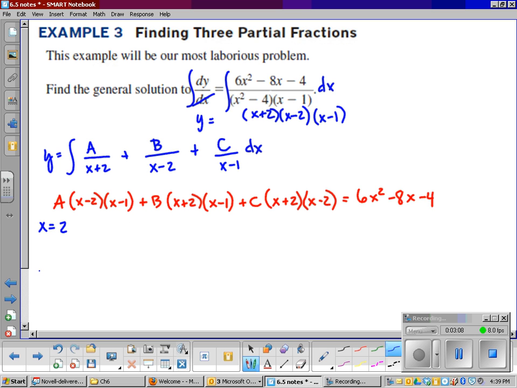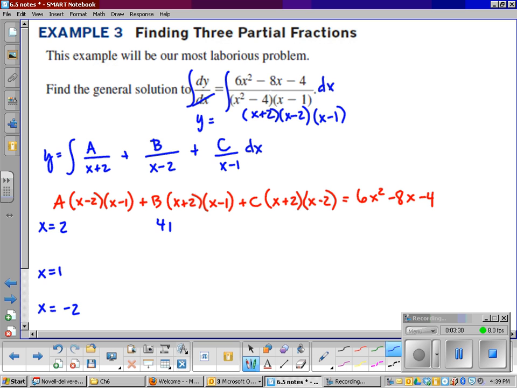The other thing we want to do is let x be 1, which will 0 out this term and this term. And then we want to let x be negative 2, because that will 0 out this term and this term right here.